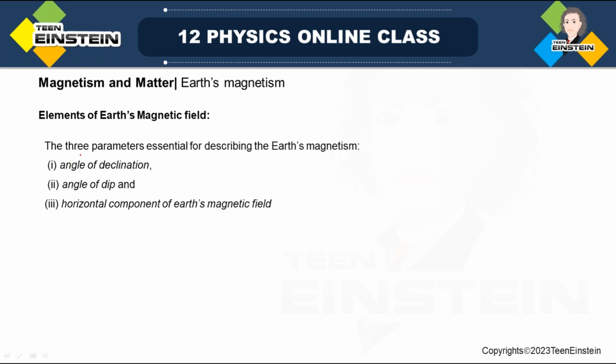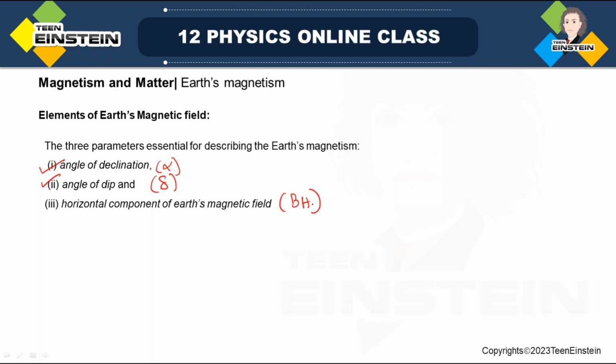These three essential parameters are angle of declination, which is denoted by alpha, angle of dip or angle of inclination, which is denoted by delta, and horizontal component of Earth's magnetic field, which is denoted by BH.